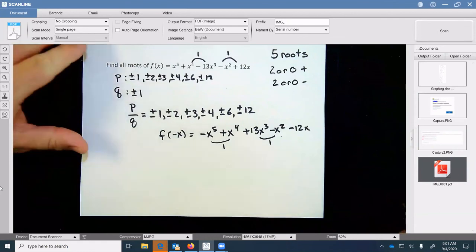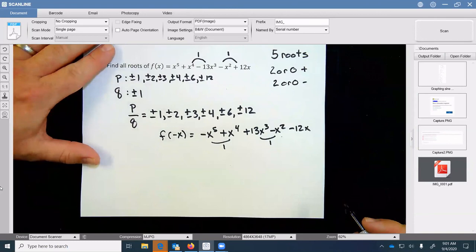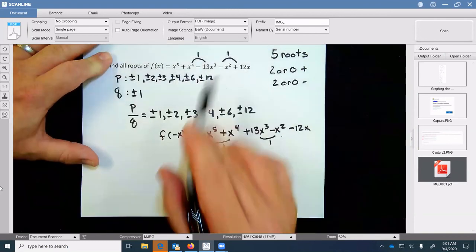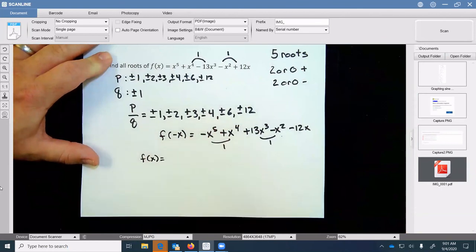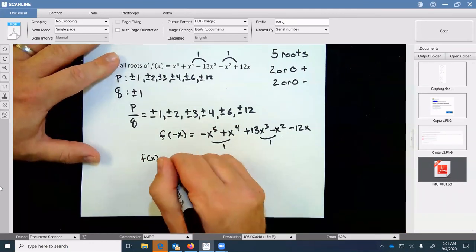But looking at it right away, what can I do to start factoring this polynomial? How do we start factoring every polynomial? Yeah, they all have a common value of x.